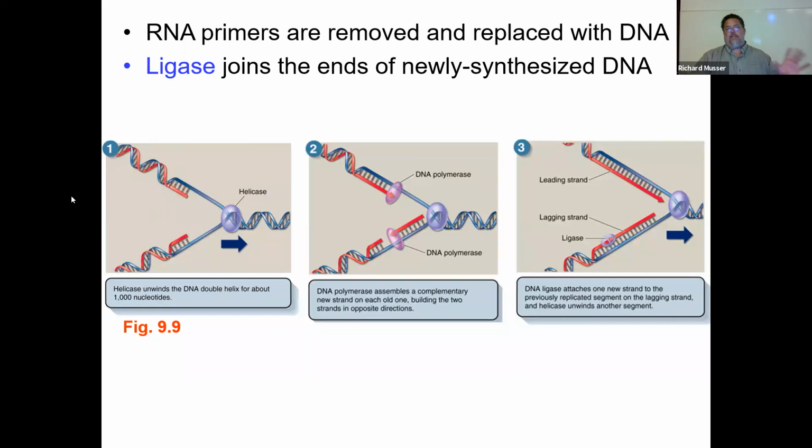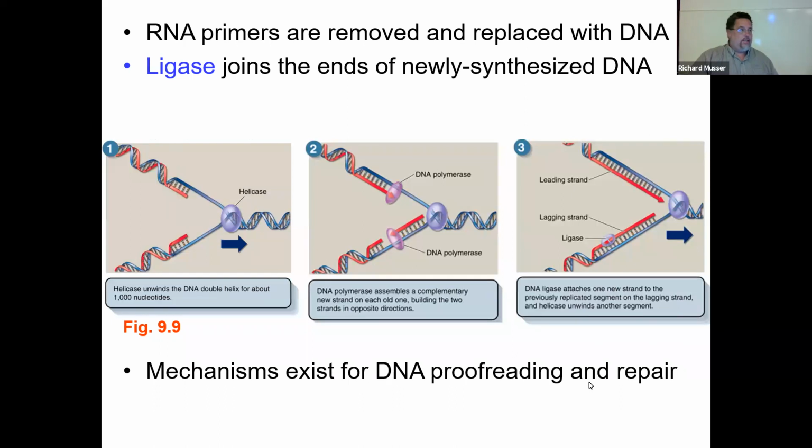And if nothing else, are these pictures pretty simple to understand? You can see it's unwinding. DNA polymerase is throwing in new bits. There's little primers down here, and it's more complicated, but DNA polymerase is filling in the gaps after the primase has been in there. Ligase comes in and patches some of the holes on the lagging strand.